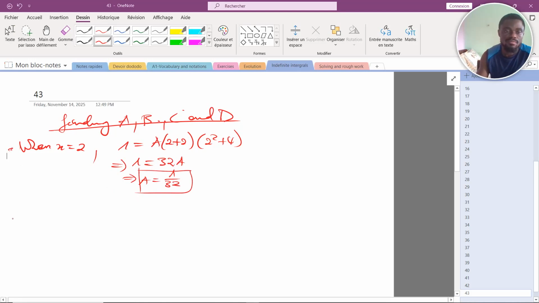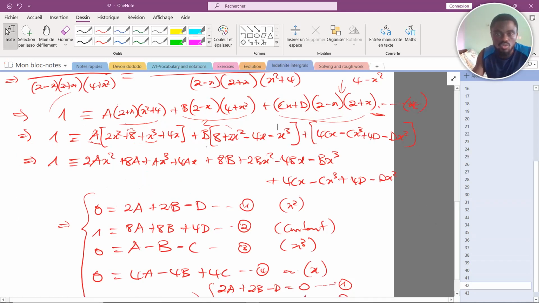Now let's find b. This is our equation star. To find b, what am I supposed to do? I'm supposed to eliminate this term and this term. How can I eliminate them? By substituting minus 2 here, which will make this 0 and this 0. So I will have b into 2 minus minus 2 into 4 plus minus 2 squared.